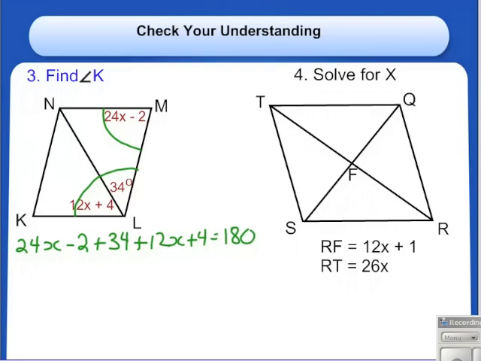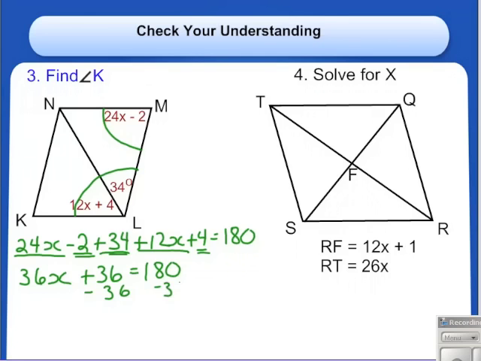Now let's combine our like terms. 24x plus 12x gives us 36x. Now we have negative 2 plus 34. That gives us 32. And 32 plus 4 is 36, which equals 180. Again, we're solving for x. Subtract 36 from both sides of the equal sign.